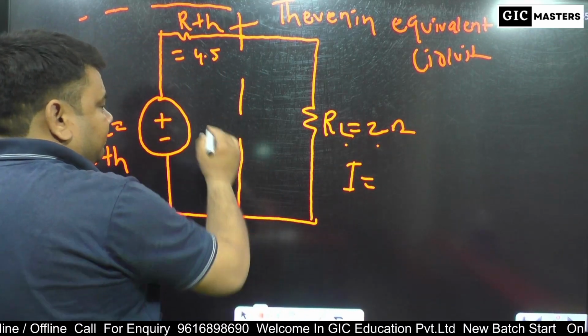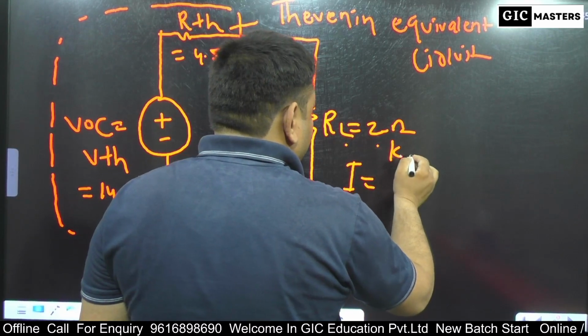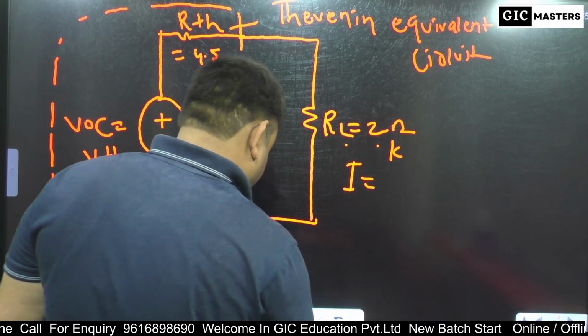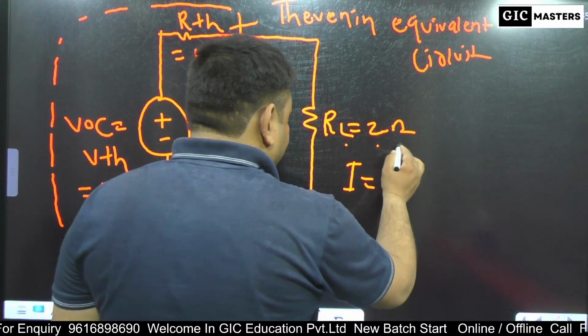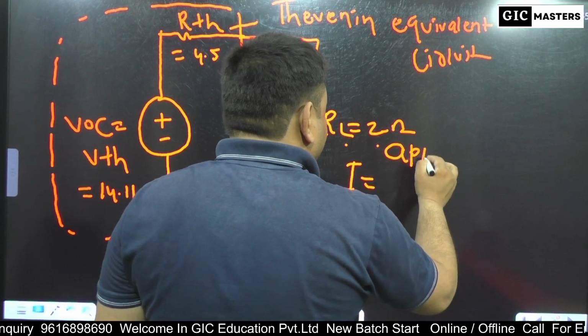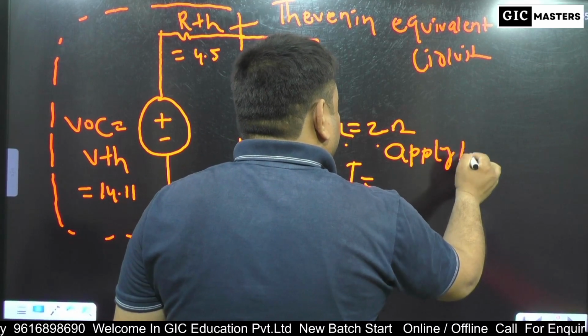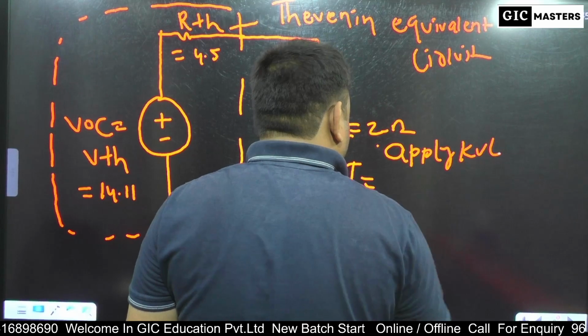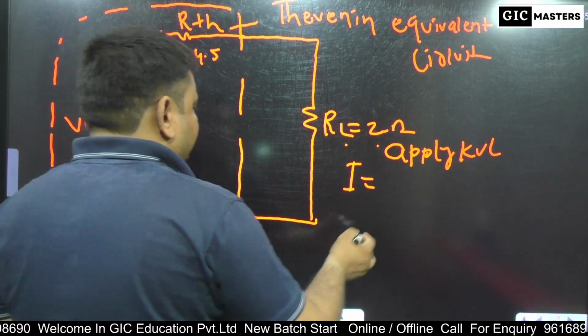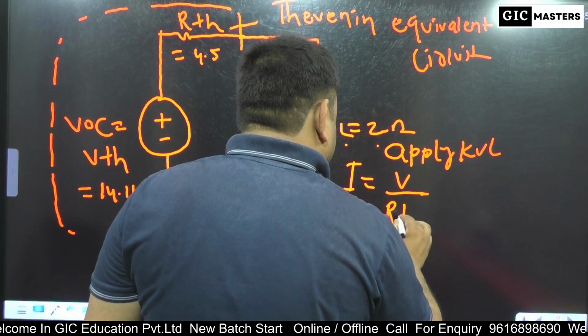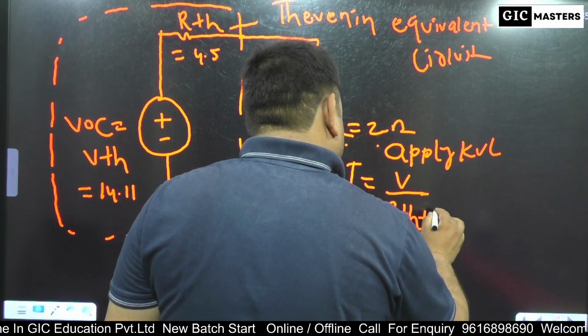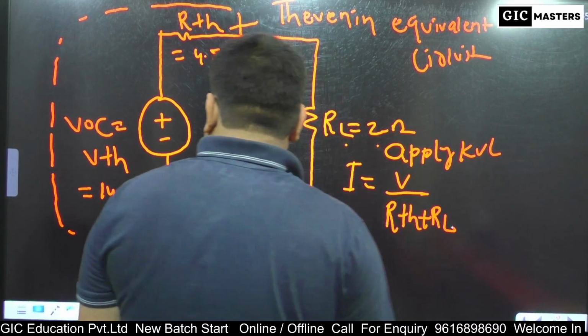So apply KVL: I equals VTH by RTH plus RL.